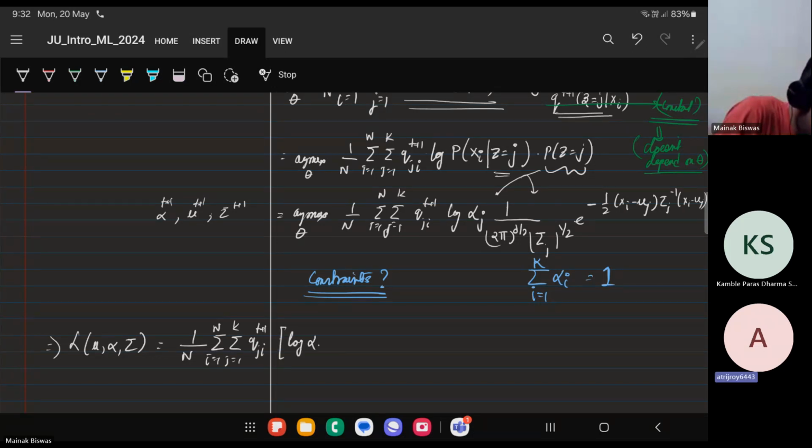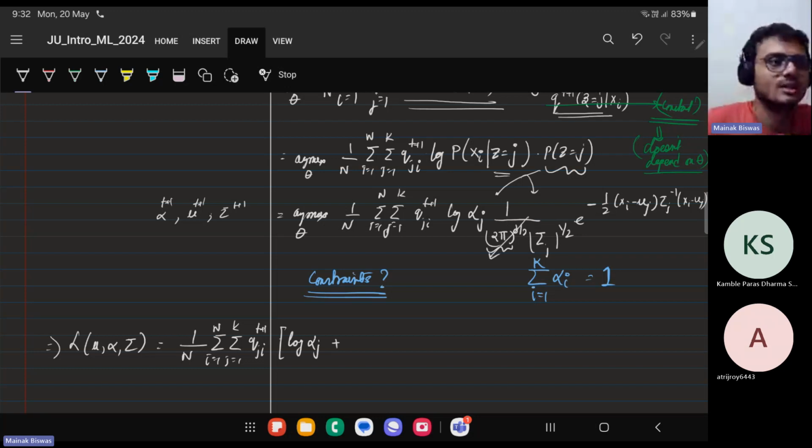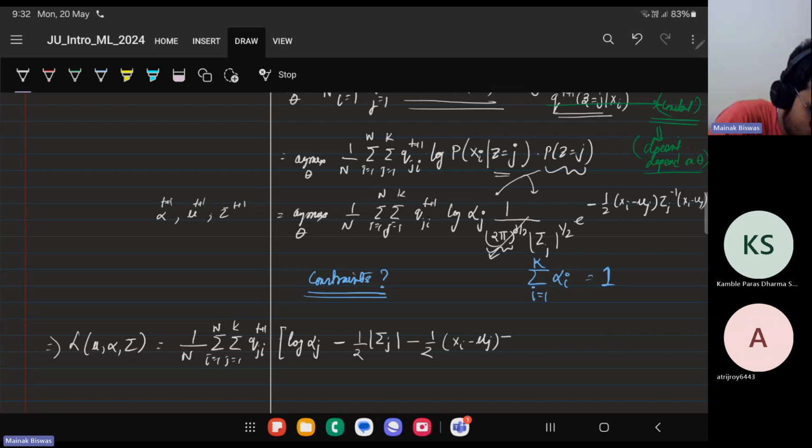Okay, let me write down the full thing. So this is the constant, does not depend. I'm just dropping these constants because the dimension of the data is going to be the same for everything. Then we have minus half log determinant of sigma j, minus half (xi minus mu j) sigma j inverse (xi minus mu j), right?